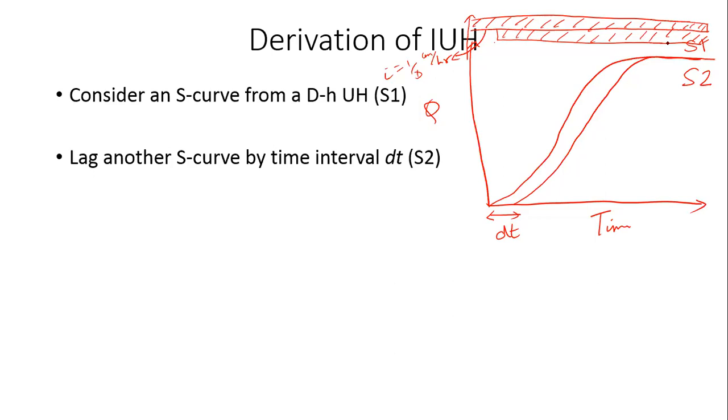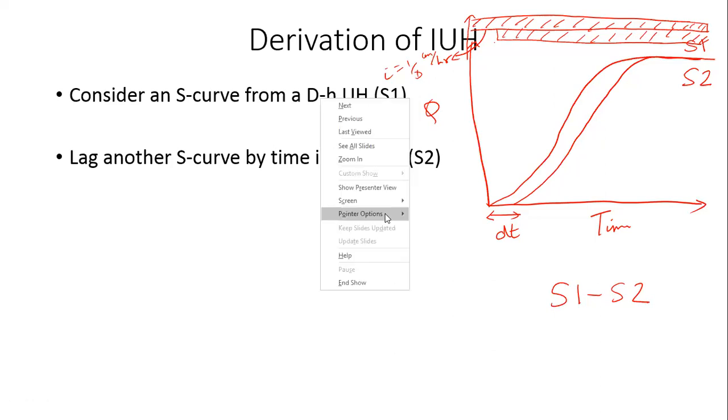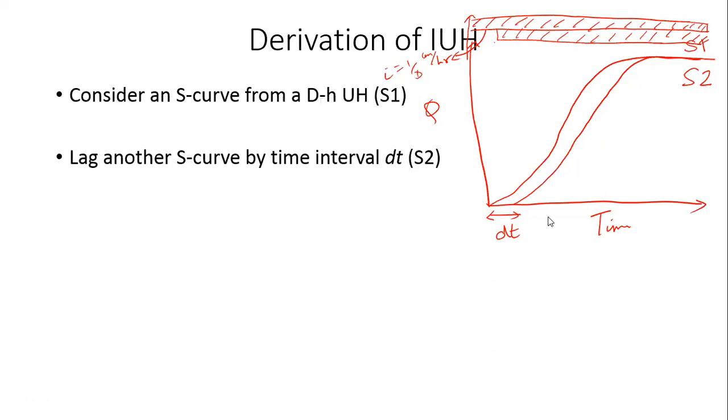So now if I take the difference between S1 and S2, right? So if I do S1 minus S2, what will I get? S1 minus S2 will give me a direct runoff hydrograph. Sorry.